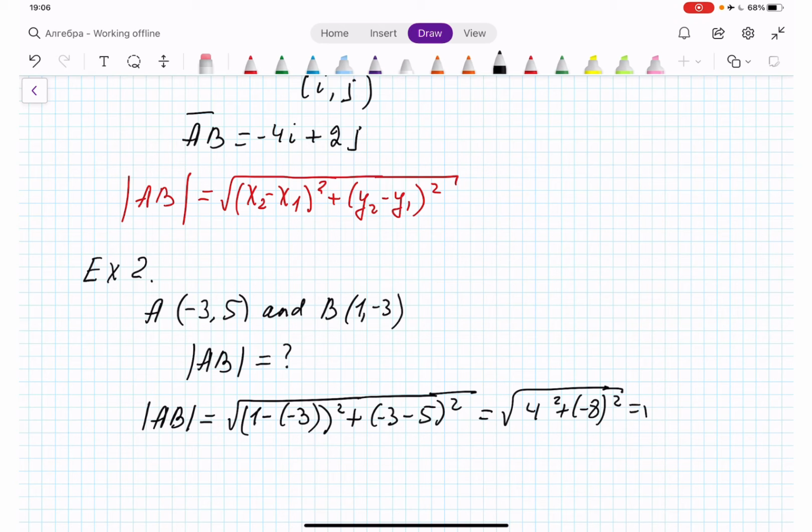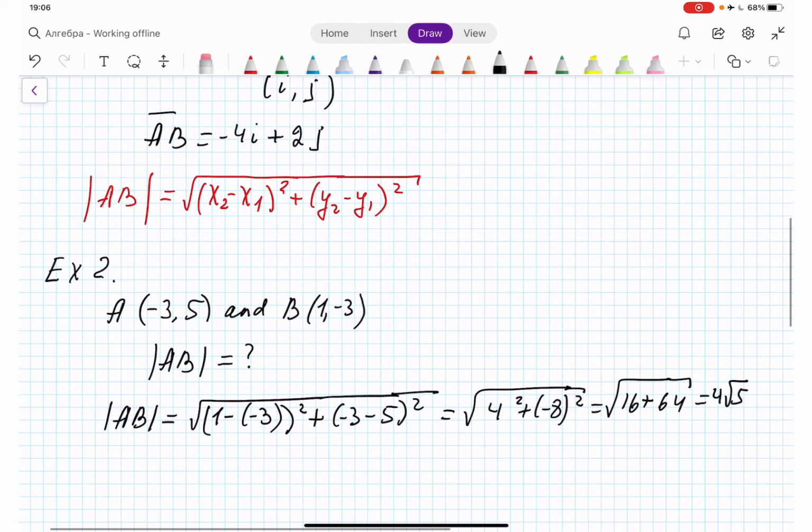We get the square root of 16 plus 64, which is the square root of 80, and this gives 4 square root 5. Dividing out 16, the square root of 16 is 4, and square root 5 stays underneath. Okay?